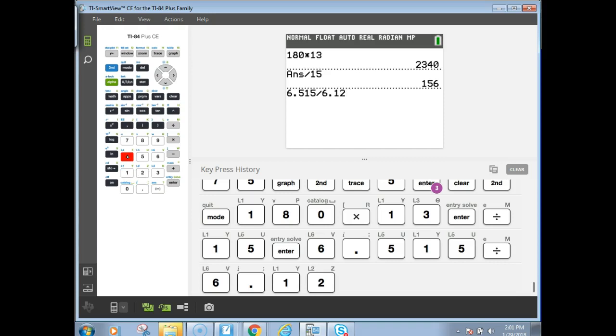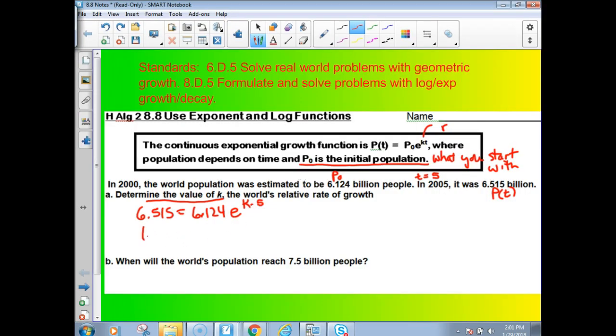And I'm going to go out more decimal places than we are in these numbers. I'm going to go out, say, 4 or 5 decimal places. 1.06385. And that's going to equal my E to the, I'm going to just flop those around, 5K. Or K times 5, it really doesn't matter.